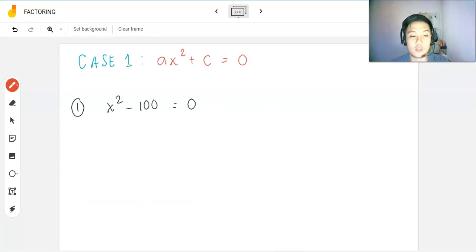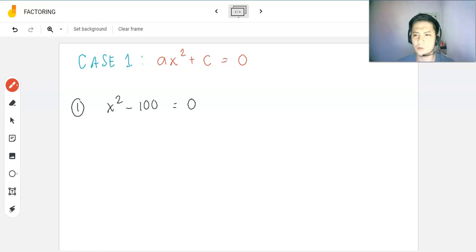X squared minus 100 equals 0. Notice that in this case, ax squared plus c equals 0 ang standard form. Kaparehas lang nito yung standard form ng mga equation na pwedeng gamitan ng ESR or extracting square roots method. Pero syempre, dahil factoring ito, we'll apply a different procedure in determining the solutions or the roots of the equation.